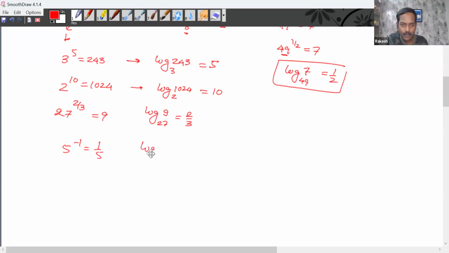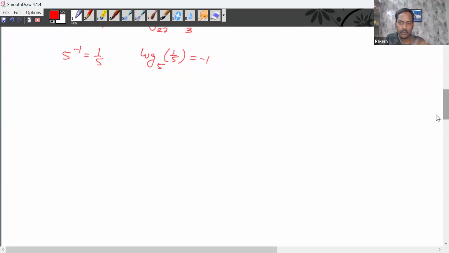So we can write it as log of 1 by 5 with base 5 is equal to the power minus 1. Good enough? Okay.